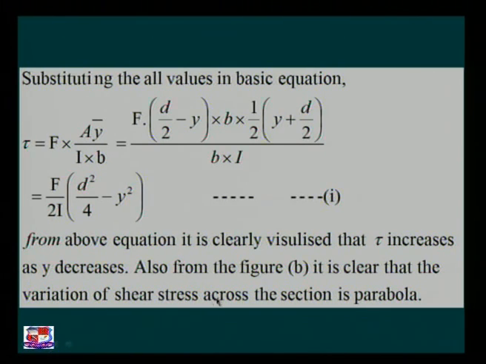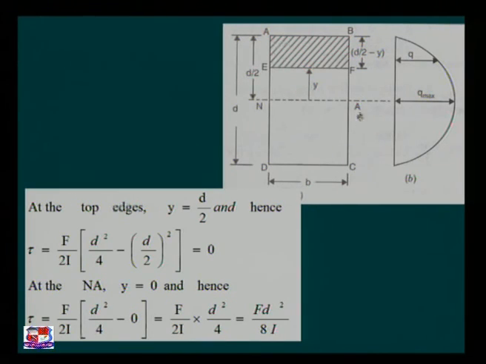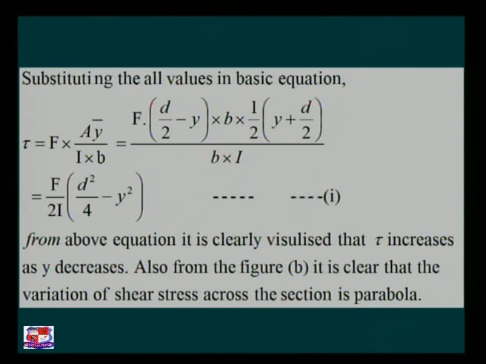Also from figure B, it is clear that the variation of shear stress across the section is a parabola, which is shown over here. This figure is called the shear stress distribution diagram, and this diagram can be achieved by a single equation, that is tau is equal to F divided by 2I bracket d square by 4 minus y square, the equation that we achieved right now.